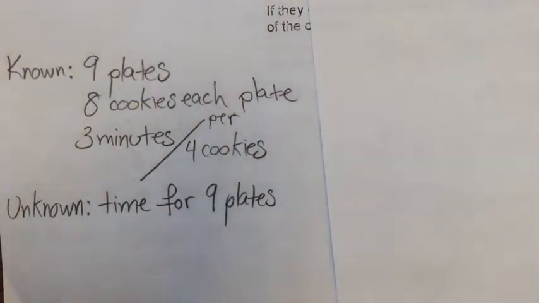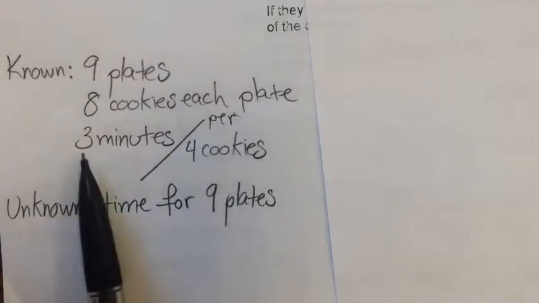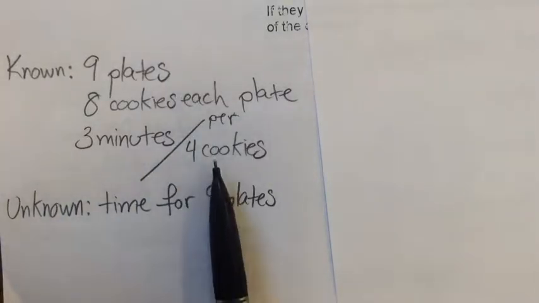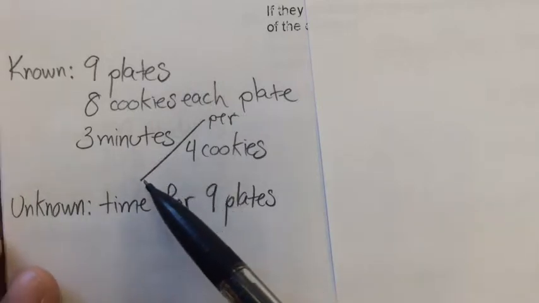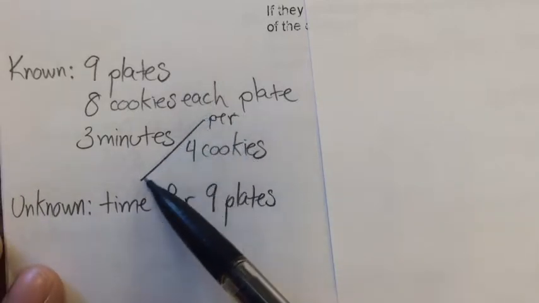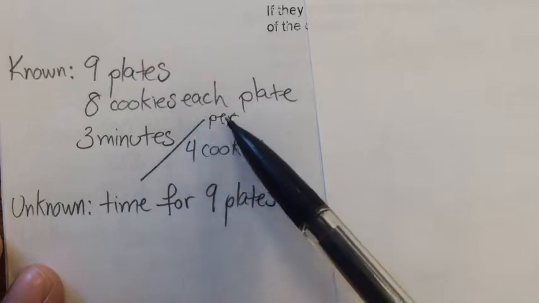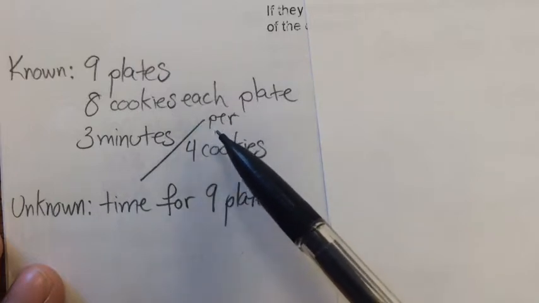What do we know about this question? We know that these 2 people need 9 plates with 8 cookies on each plate, and it takes them 3 minutes for 4 cookies. You can read the bar line of a fraction as the word per.